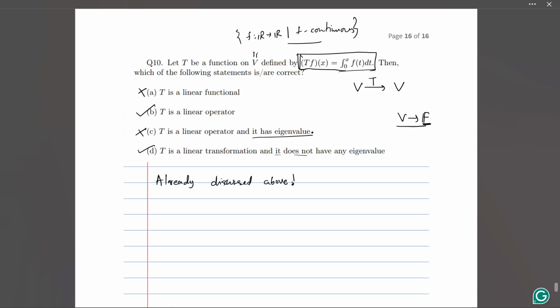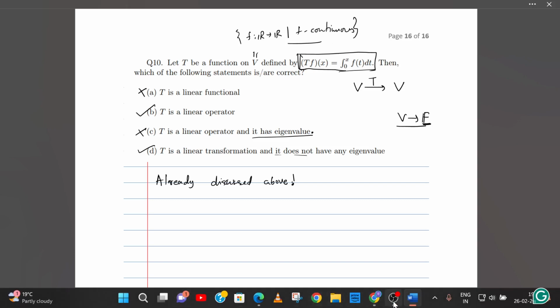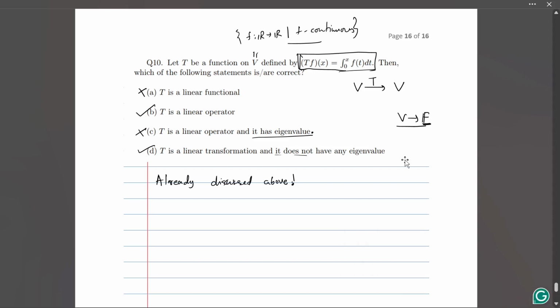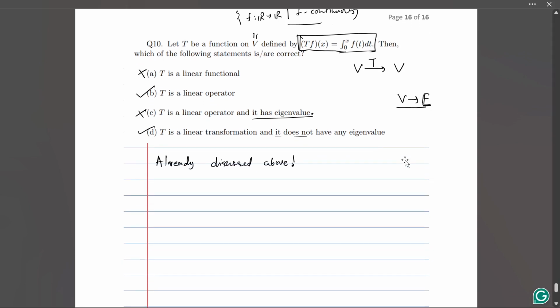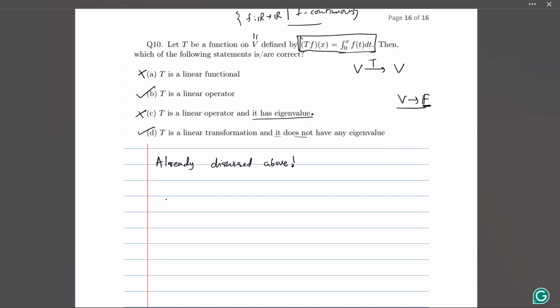Sir, a few words about the difference between a linear functional and a linear operator. What is a linear transformation?